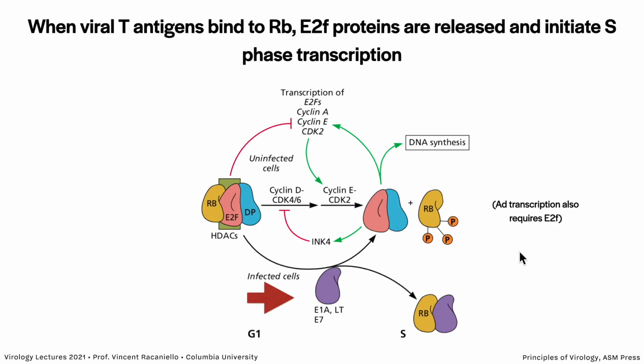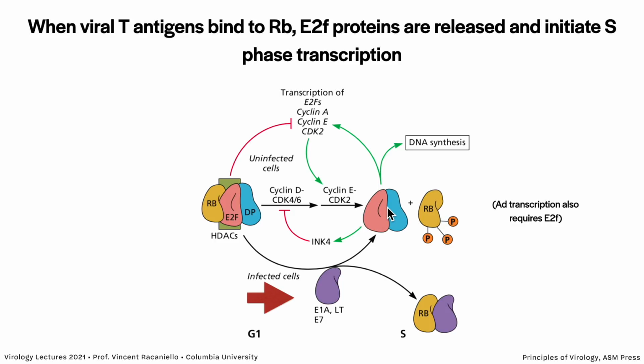And how they do so is because the T antigens, large T, E1A of adenovirus, Papillomaviridae E7, they bind RB and they free up E2F. And now again, E2F without RB can turn on the genes that drive the cell through the remainder of the cell cycle.